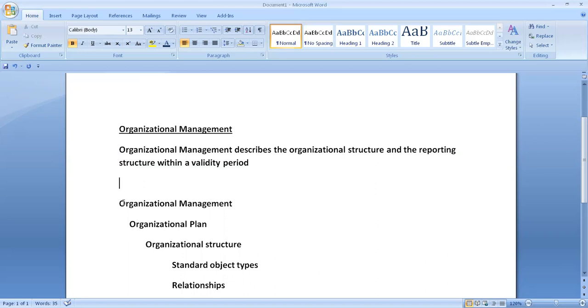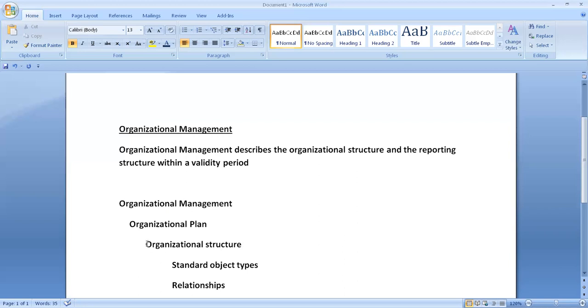When you're talking about organizational management, it is working with one organizational plan. It may be a standard organizational plan or a custom plan. That is a different thing. Within that organizational plan, you can create and maintain the organizational structure.